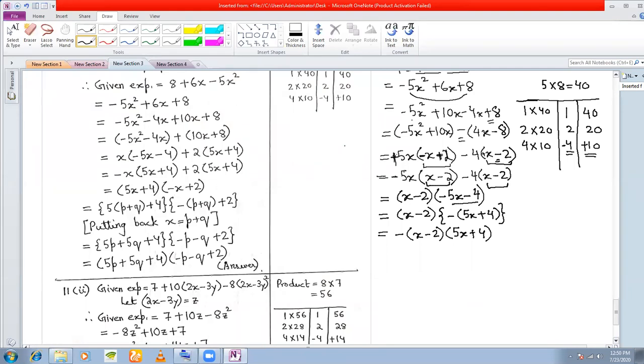Excuse me, sir. Yes. Sir, is it important to arrange it in descending order? To start with, yes, since you are starting. But if you have enough practice later on, then you can do it directly. I don't have any problem. Even now, if you have enough practice, you can do it. But the problem is that later on, what if you make mistakes?